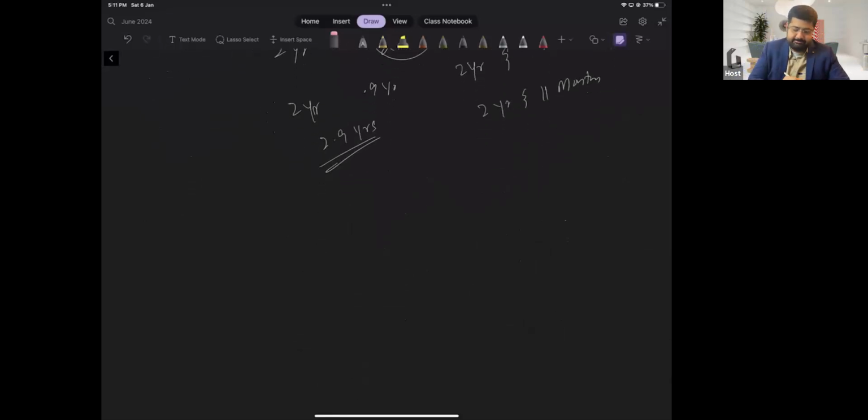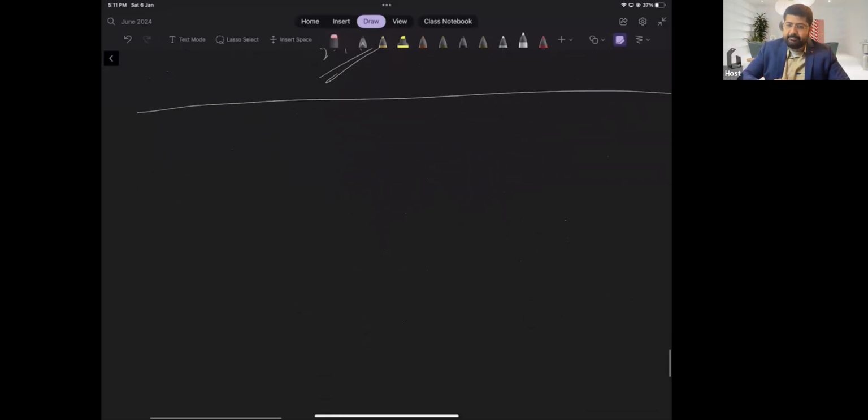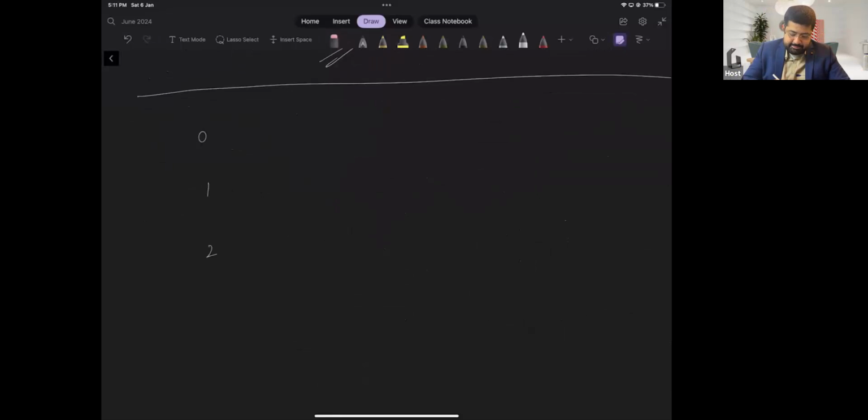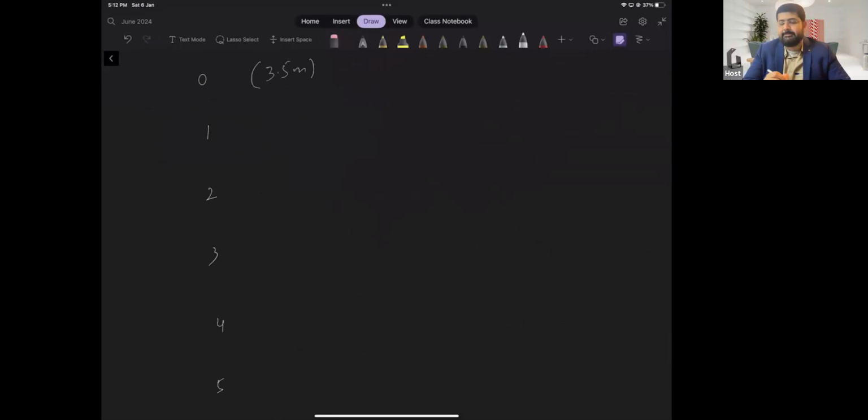Right. Next. Here is a project. Initial investment is 3.5 million. Cash inflows are 1.2 million, 2.7 million, 1.1 million, and 2 million.